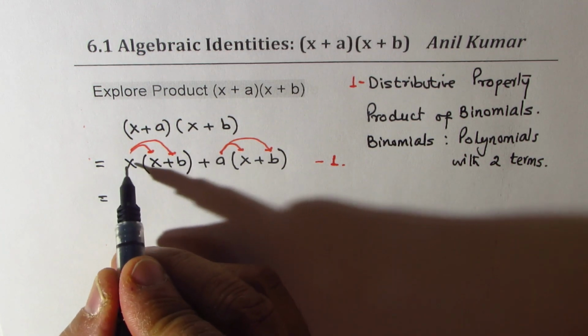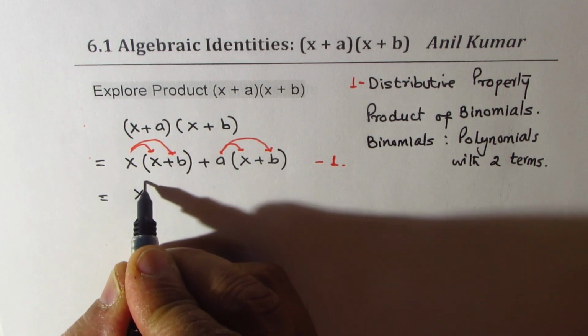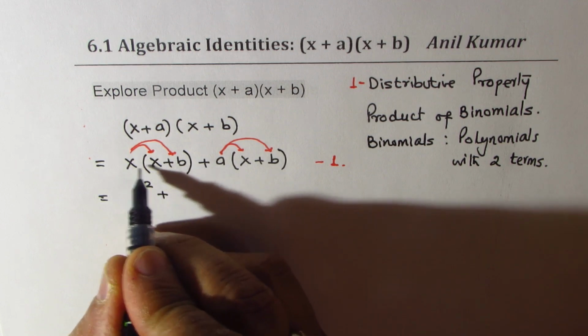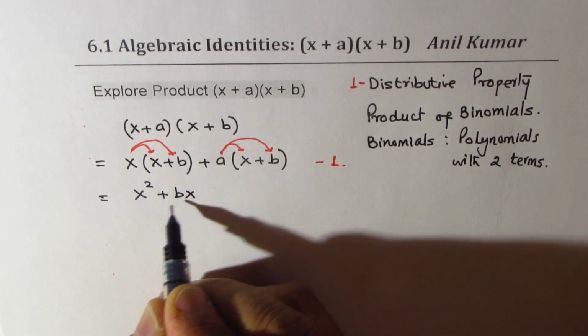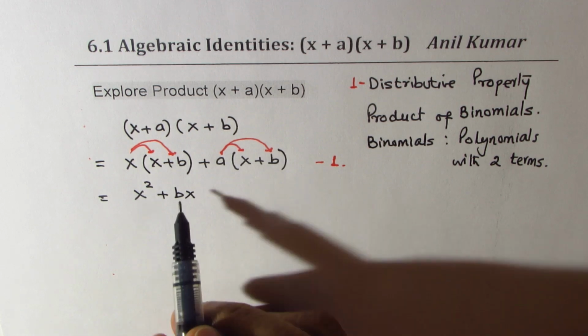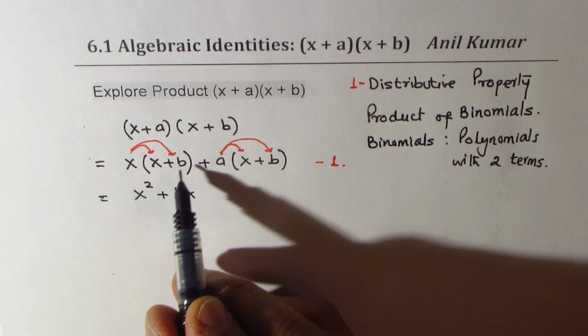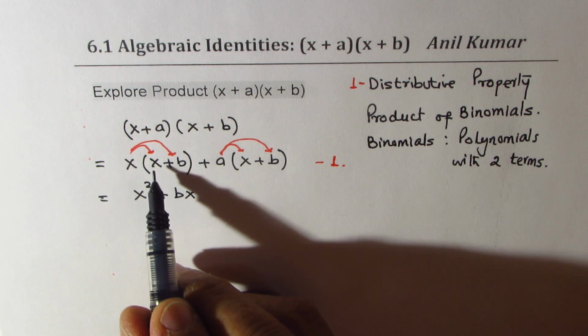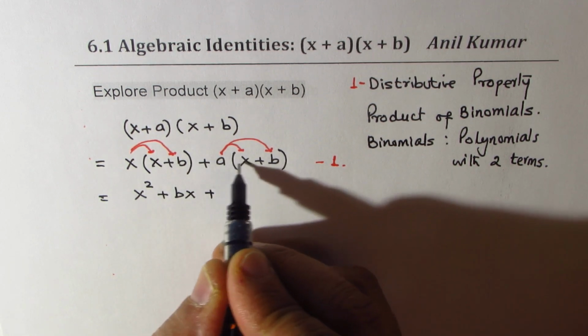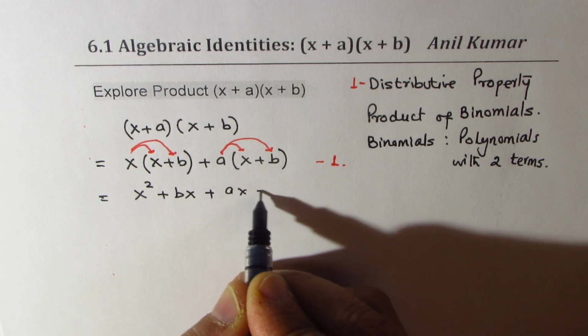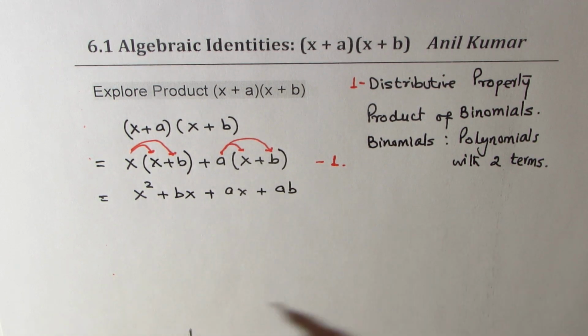So what you get here is x times x is x squared plus x times b. We prefer to write bx. xb is also correct, but we prefer to write bx. We always write that variable later. We are assuming x is the only variable in this case. In this case, we get ax plus a times b.